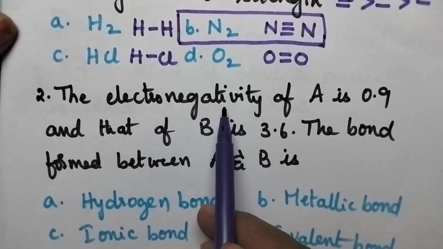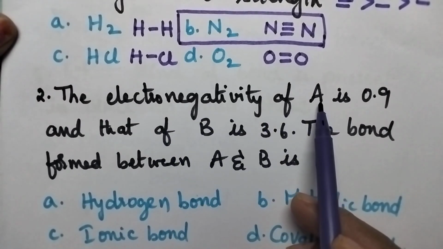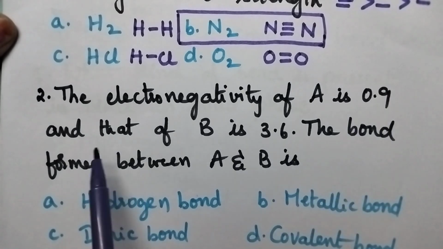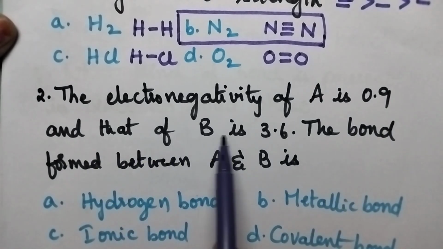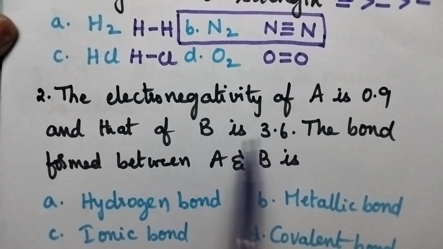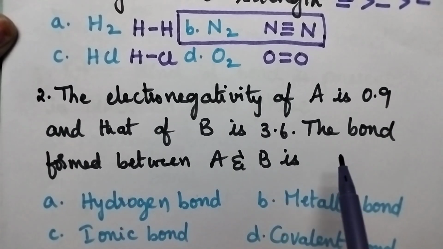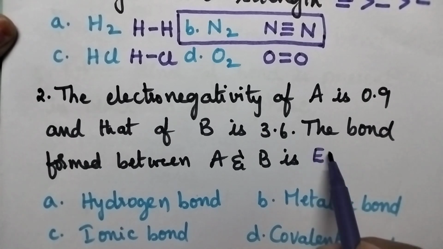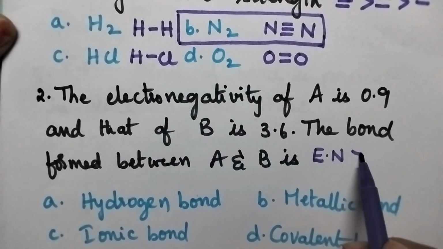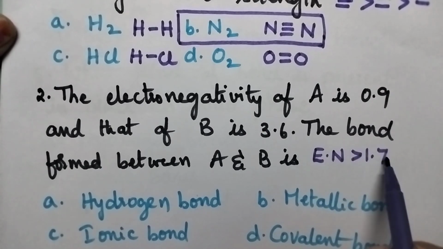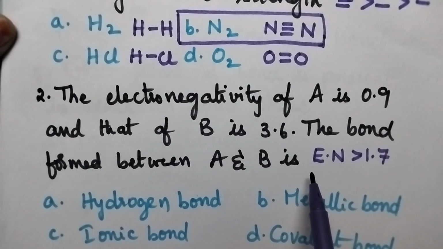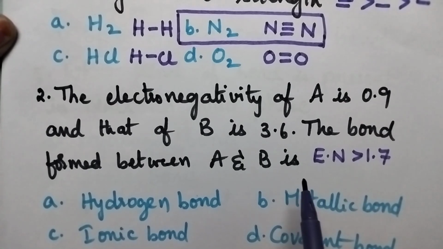The electronegativity of element A is 0.9 and that of element B is 3.6. The bond formed between A and B is: if the electronegativity difference between the two elements is greater than 1.7, it results in the formation of an ionic bond.